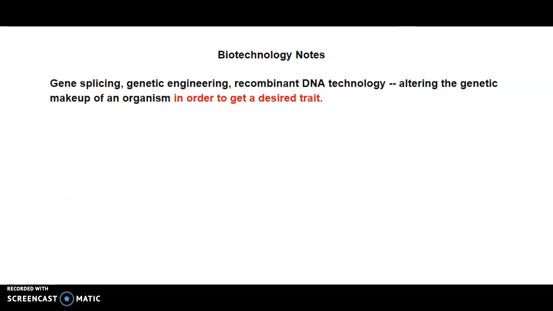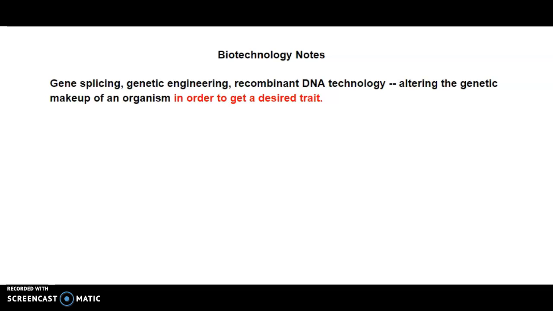And when you do take genes from one organism and put it into a different organism, a different species, a different type, like from a human into a bacteria, okay, or from a fish into a tomato plant, any number of those. If you take genes from one organism and put them into a totally different organism, then that is called transgenic.